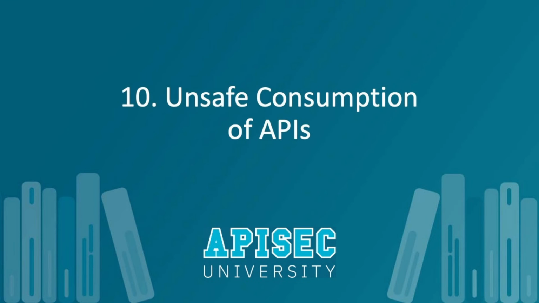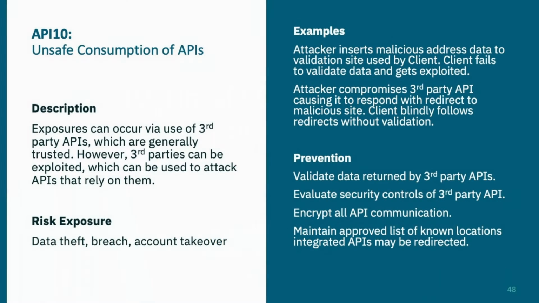All right. And now the last one of the OWASP API security top 10 is unsafe consumption of APIs. This is a new one, and it really reflects the risk that you may experience from use of third-party APIs. The exposure can be data theft, breach, takeover, and so forth.